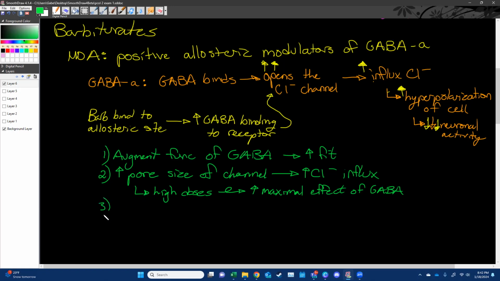And then the last big effect of them is that they antagonize excitatory neurons. Like I was saying, these decrease the effect of glutamate, NMDA, all those sorts of things.